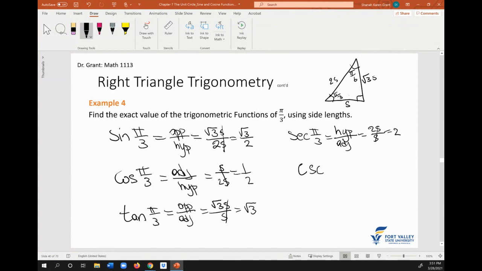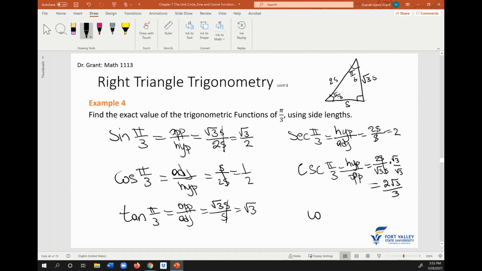Then I have cosecant of pi over 3. That's going to be equal to hypotenuse over opposite, which is 2S over root 3 S. The S's cancel, but note that we don't normally keep a root in our denominator. So we can rationalize this by multiplying by root 3 over root 3. So this becomes 2 root 3 over 3.